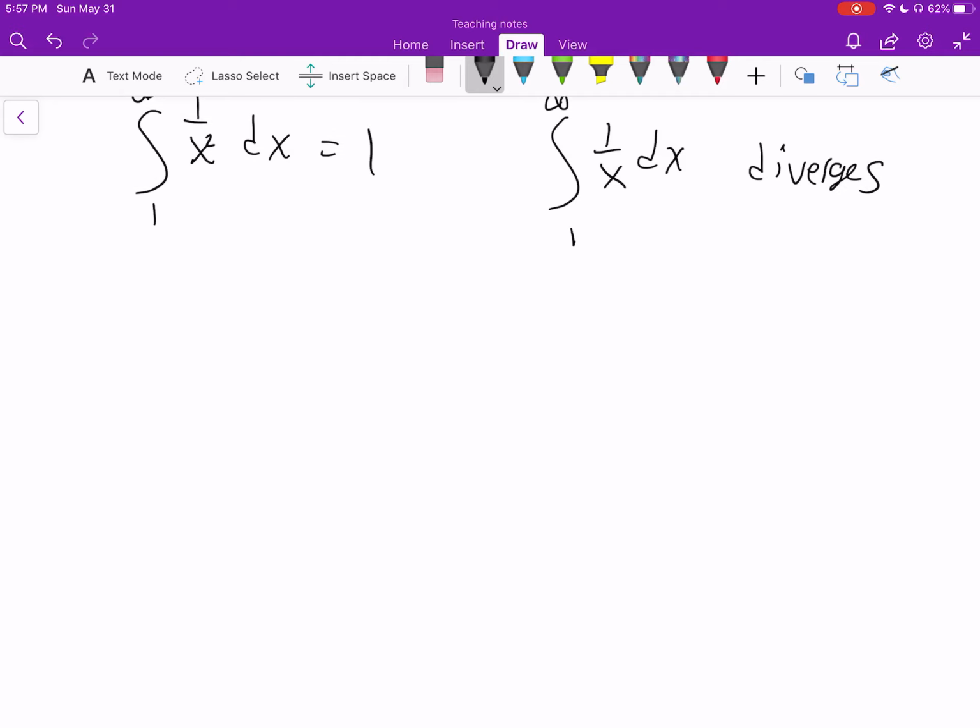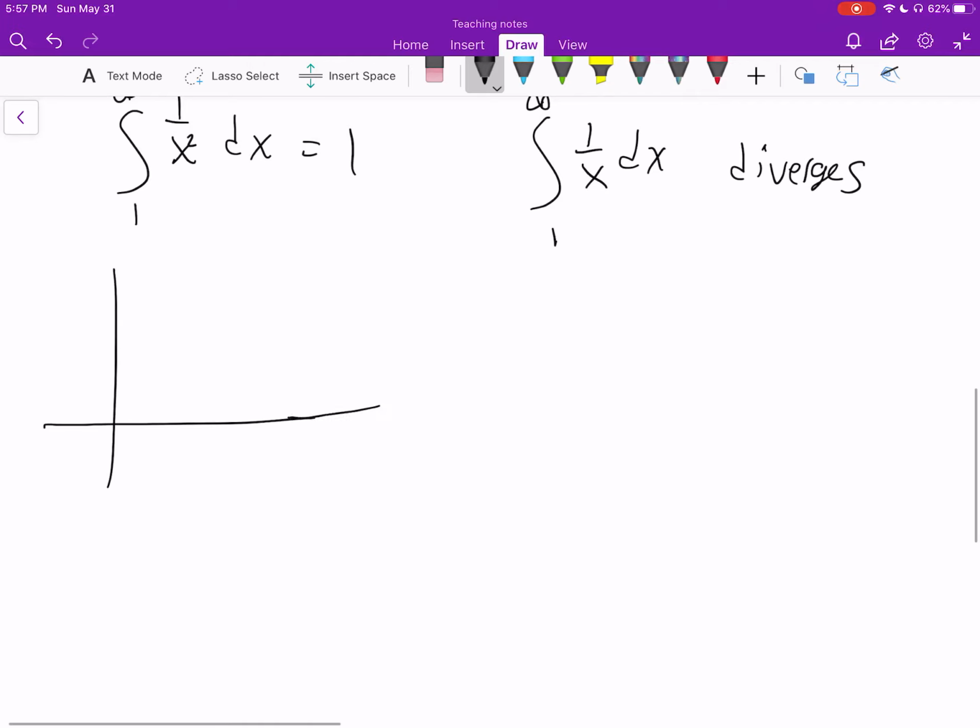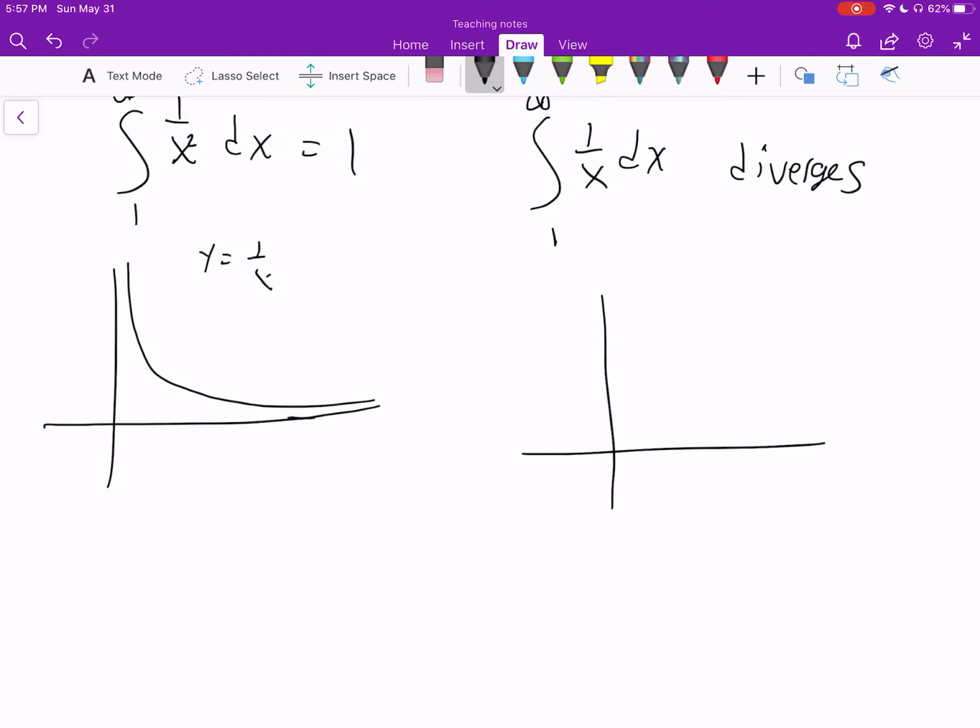Okay, so let's just talk about what this means. If I have the graph of 1 over x squared, it's going to look like this. So this is y equals 1 over x squared. And 1 over x is going to do something like this. They both go off to 0. If you take the limit as x approaches infinity, these are both going to 0.